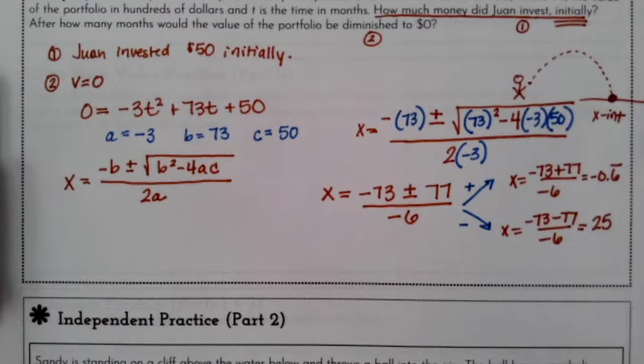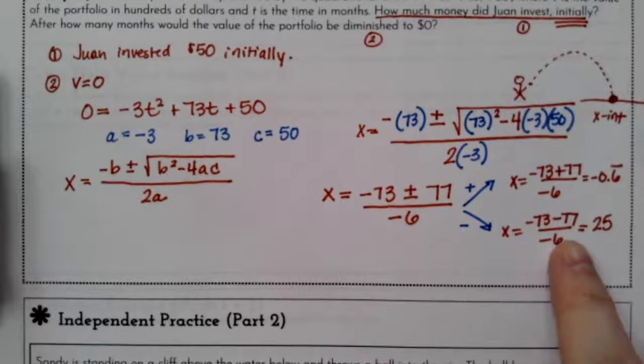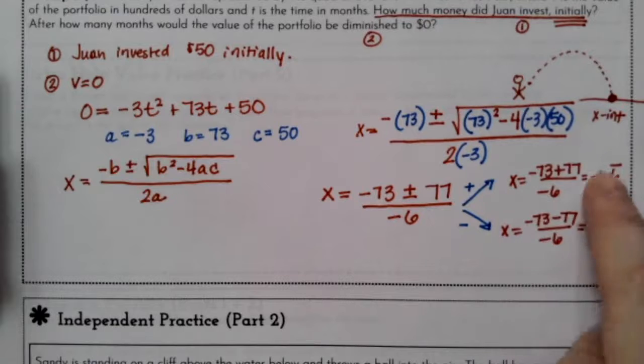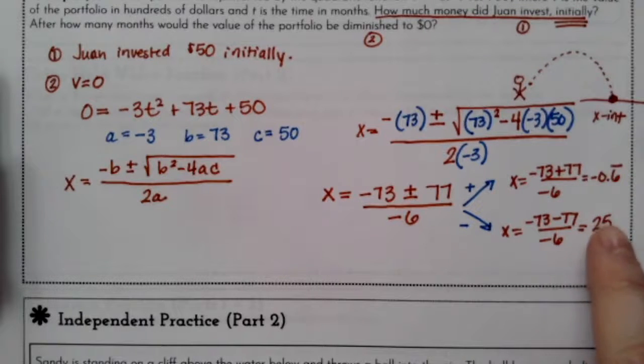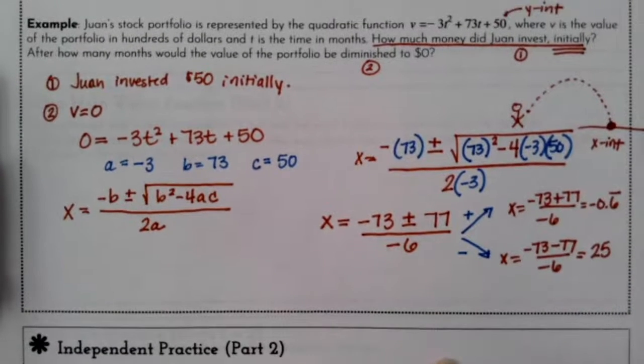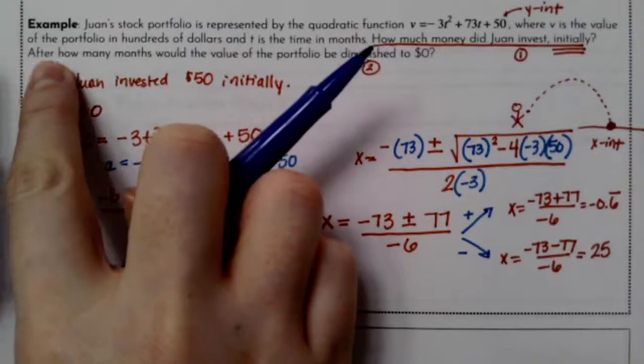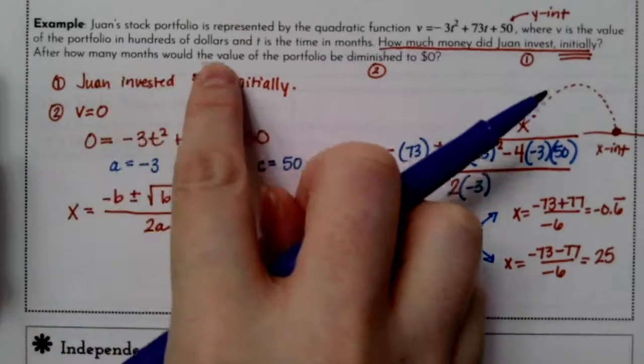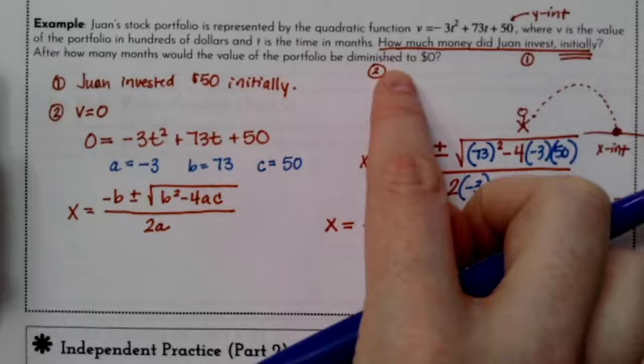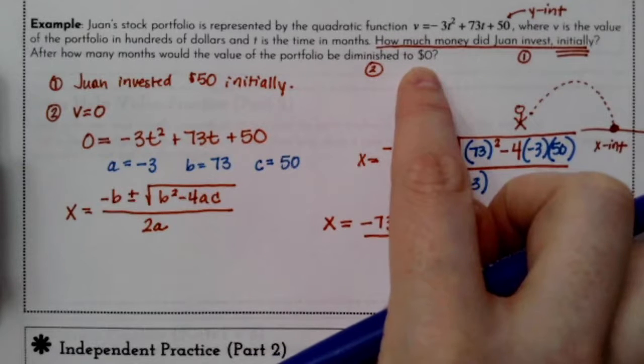But when you are given a context, you have to interpret these answers. These are not your answers anymore. You have to use these to figure out what your answers are. The question asked, after how many months would the value of the portfolio be diminished to 0?